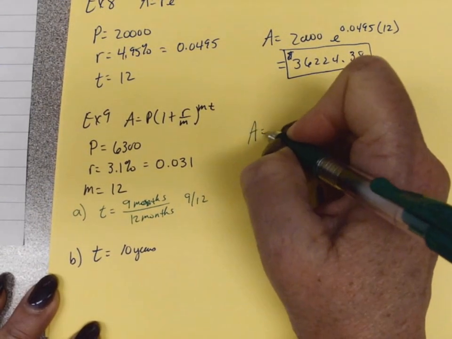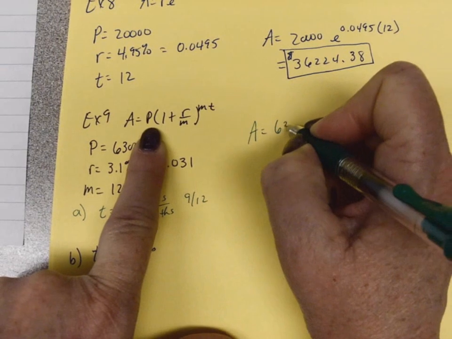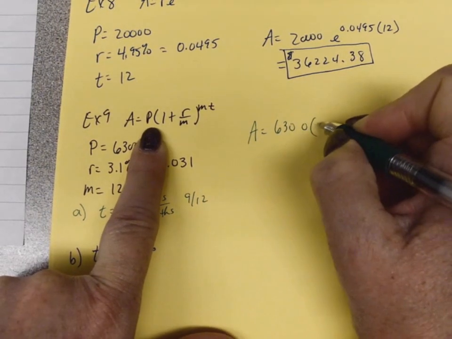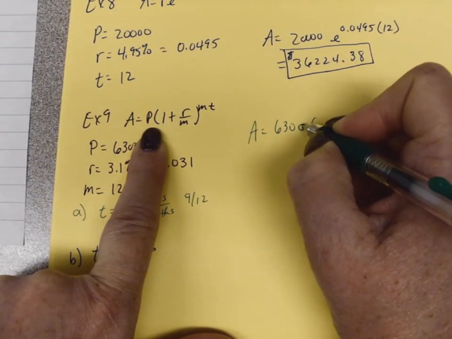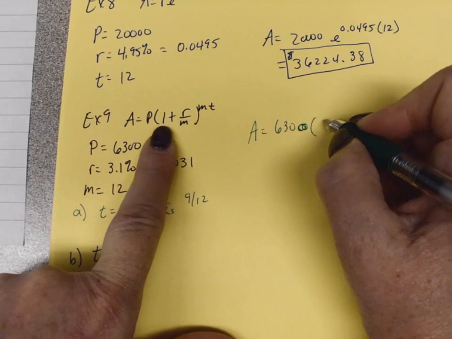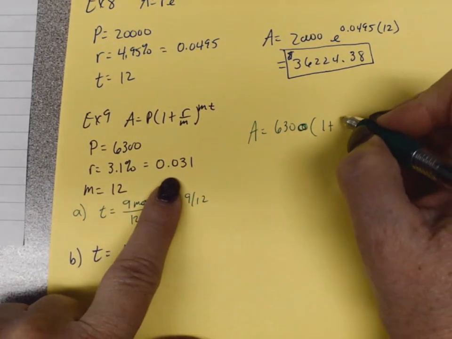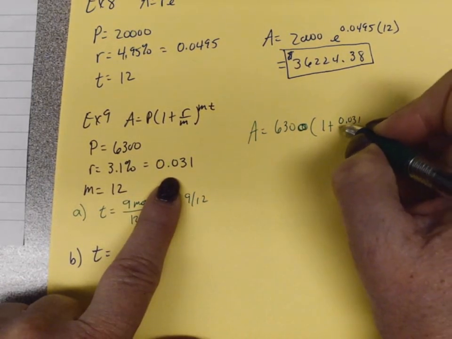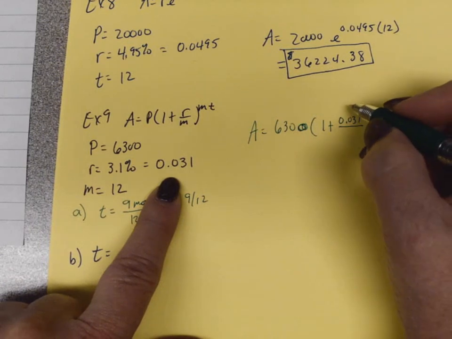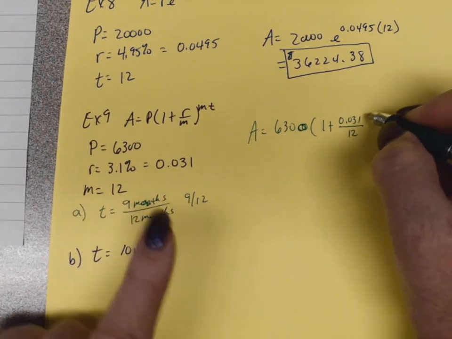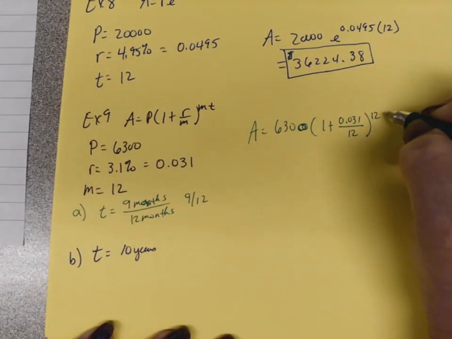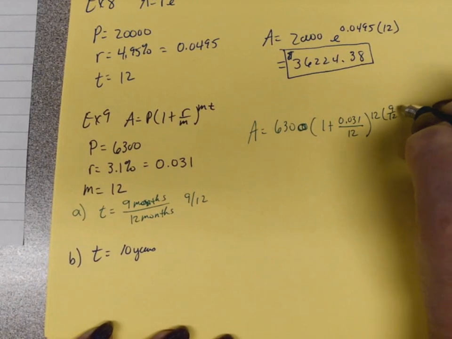So for A, we're going to have our P, which is 6,300. Times 1 plus our R of 0.031 divided by our M of 12 raised to the 12 times 9 over 12.